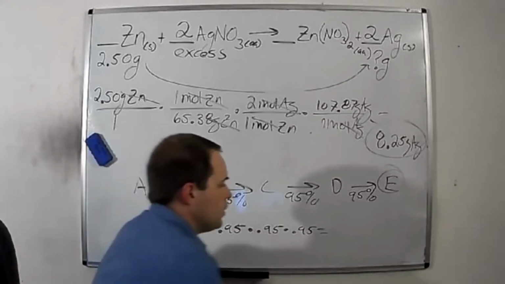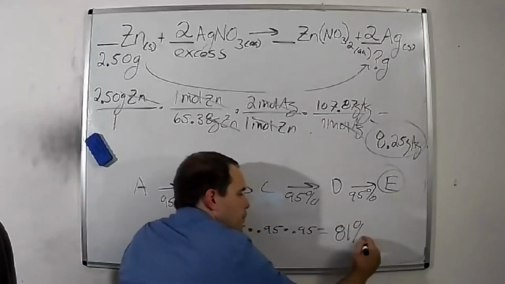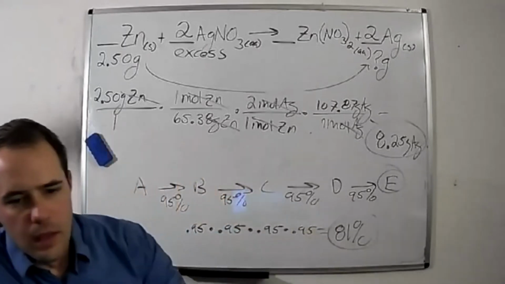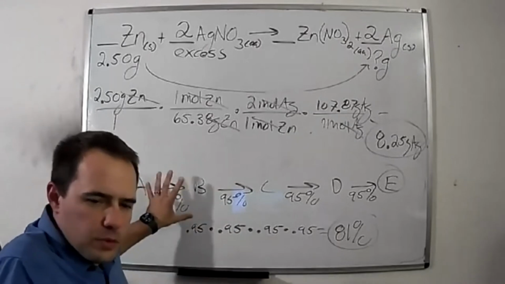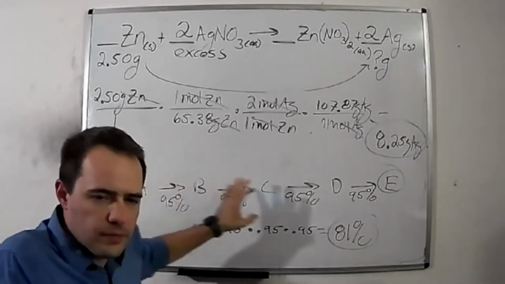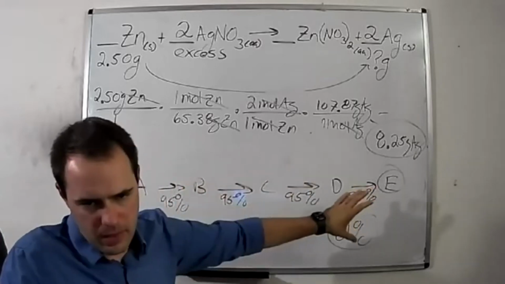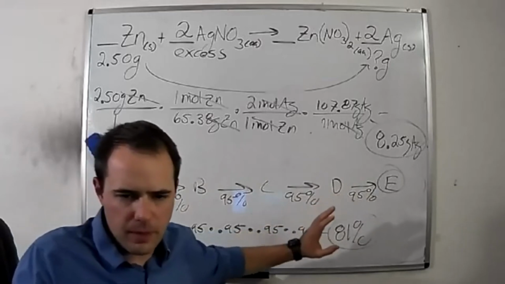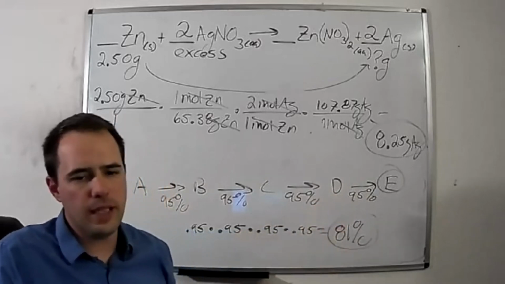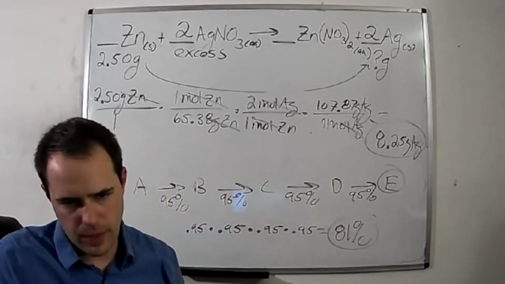That is an overall yield of 81%. So even though each reaction had a yield of 95% and you only lost 5% of product every time, it was compounding. With 4 reactions at 95%, you get 81% yield. That's why you really cannot have a reaction drop below that 95% yield.